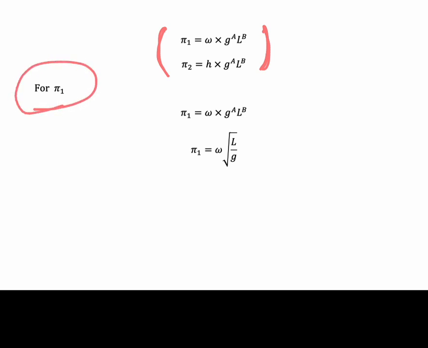For pi 1, we write this down, replace the MLT for omega, g, and L, and determine the values of a and b. Finally you will get pi 1 equal to omega times the square root of L over g.